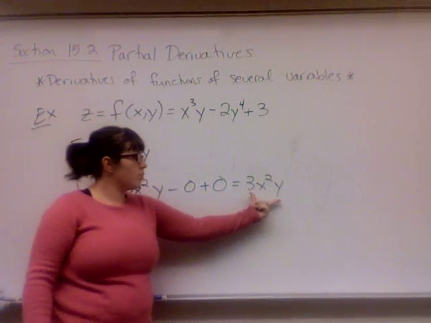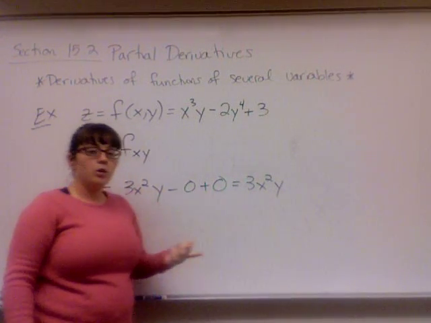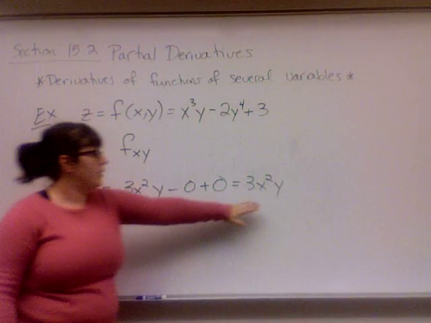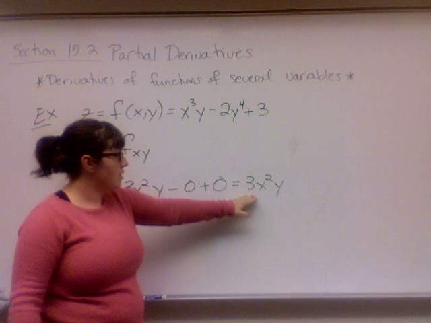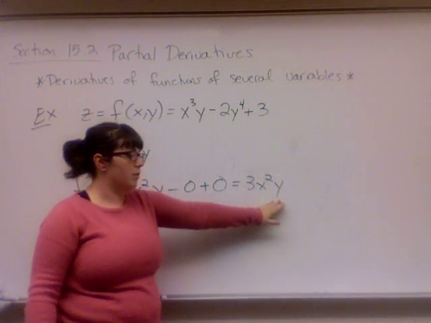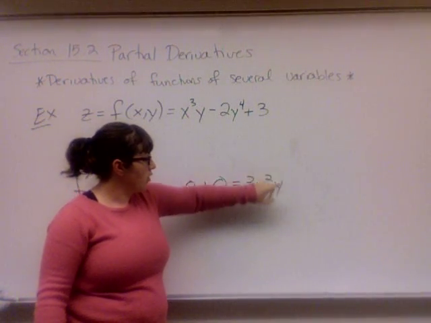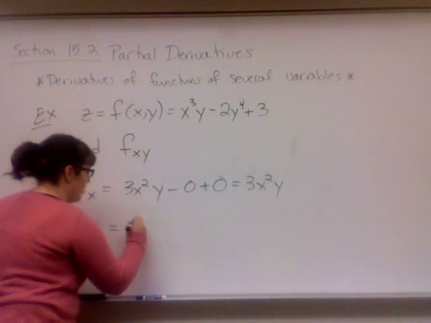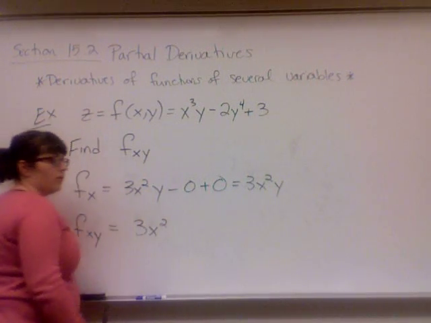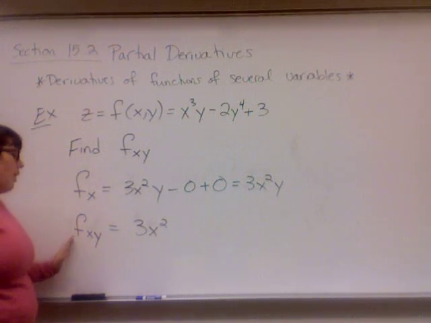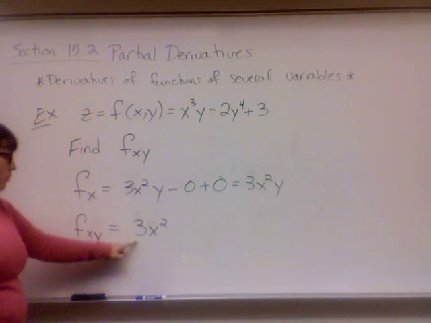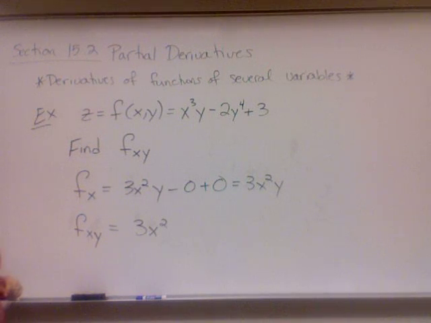So I look at this expression over here and I say, are there any y's in it? Yes, there are here, which means anything that is an x is a number. So everything, let's see, 3 is a number, x squared is a number, y is the variable. What's the derivative of number times y to the first? Well, it's just a number sitting in front of the y. Okay? And this is the second derivative, f sub x y, okay, which is 3x squared. Great.